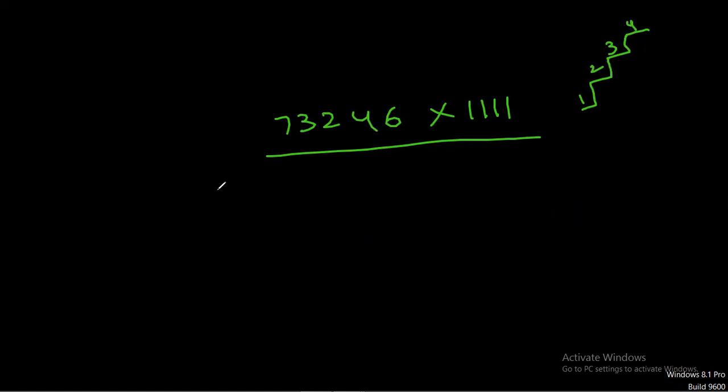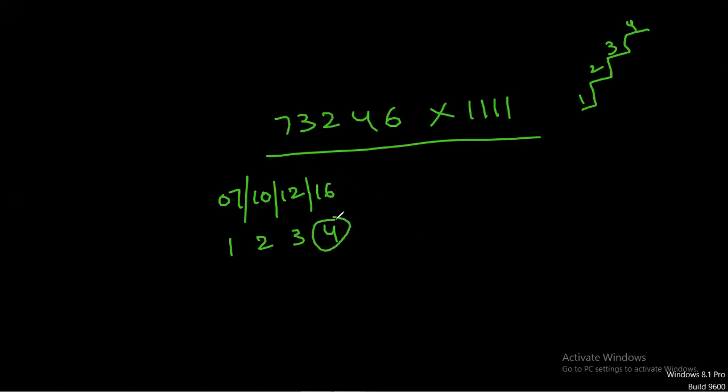So first 1 digit 7, 7 plus 3, 10, 10 plus 2, 12, 12 plus 4, 16. It's the same thing as the 3 ones, but here we will add 4 digits at a time.